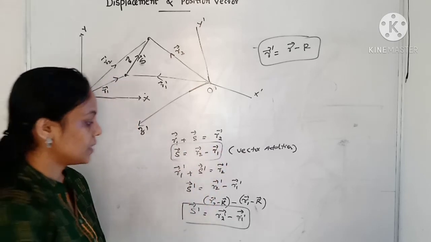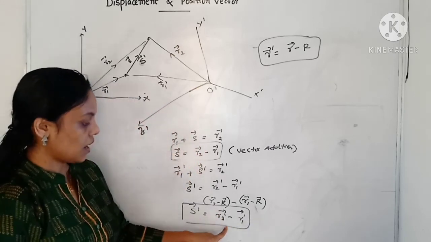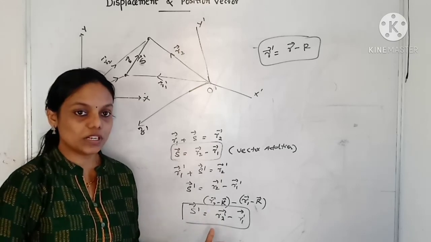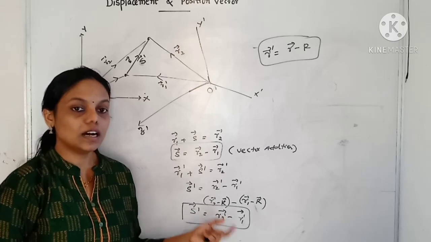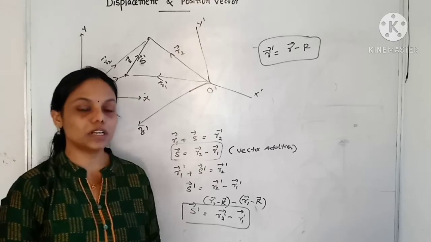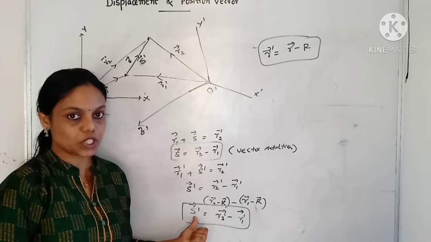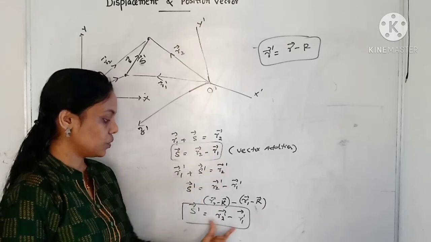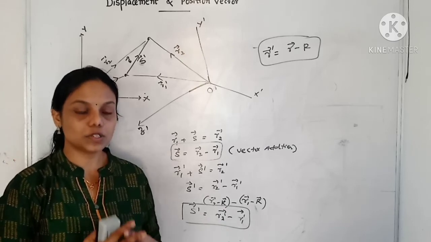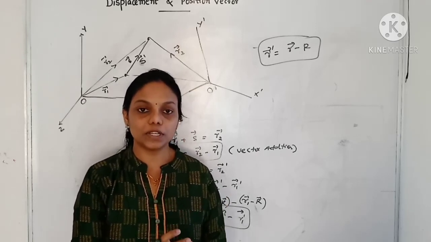So whatever the coordinate system, we have arrived at a conclusion that the displacement vector is the difference between the position vectors of the two points. Here r2 minus r1 came, and here r2 dash minus r1 dash came. So the displacement vector never changes. So displacement vector is a true vector which will not depend on the coordinate system.